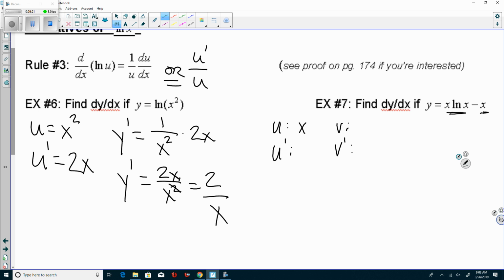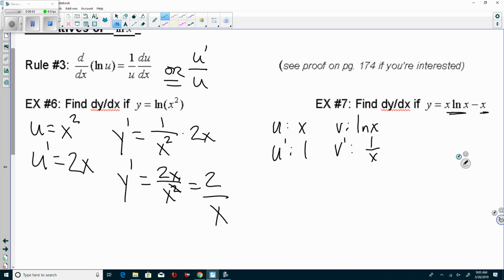So we have x ln x. The derivative of x is 1. The derivative of ln of x is 1 over x times u prime. U is x, so the derivative of x is just 1. So the derivative of ln x is just 1 over x.